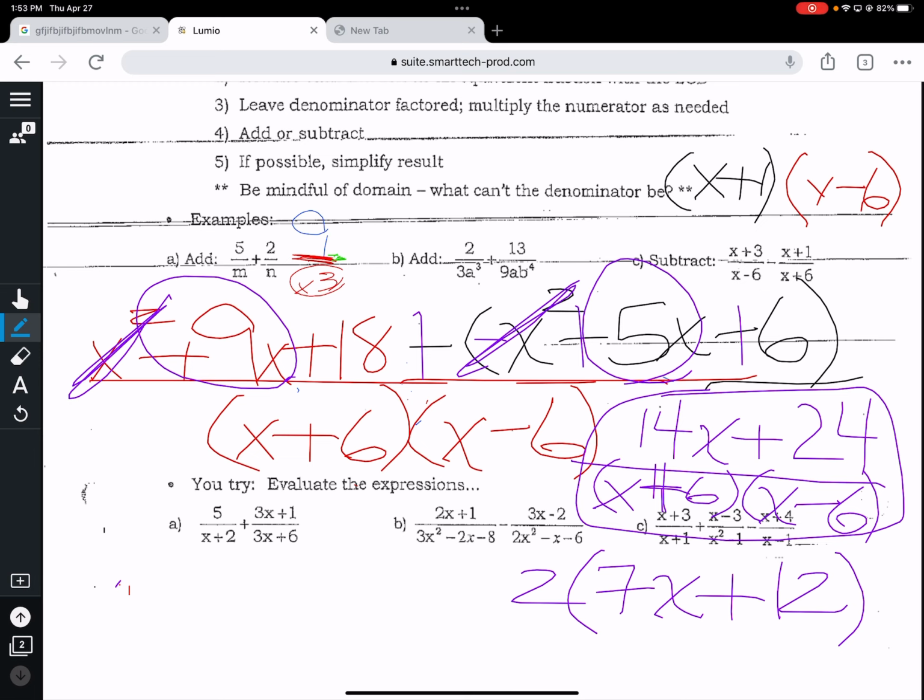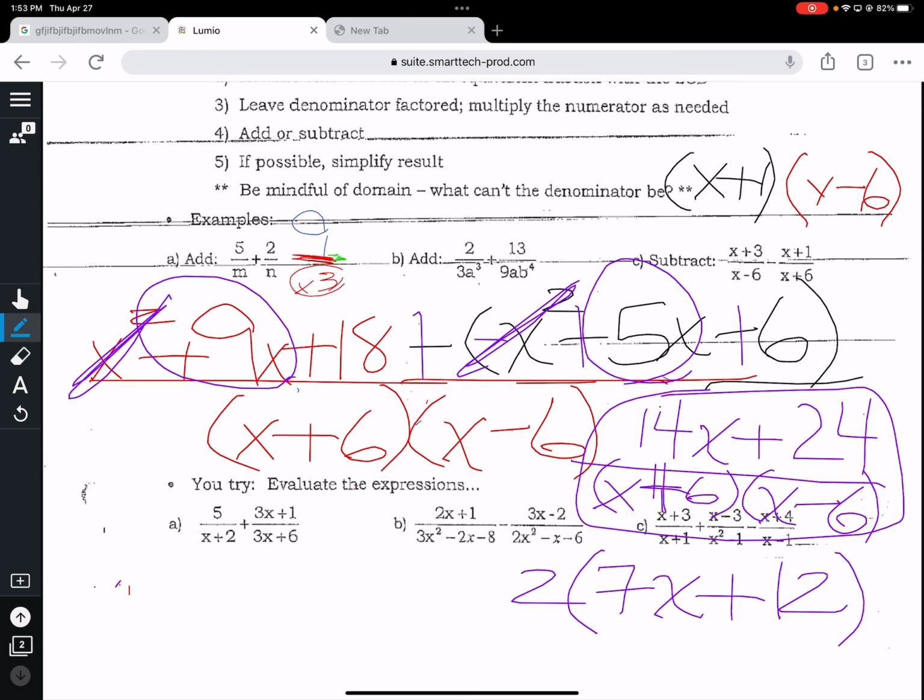Perfect. Because you multiply the numerator, you do that. But then I always do a quick glance to see if I could factor it. Would I be able to remove any part of the denominator by simplifying? In this case, you can't. I didn't get an x plus 6 or an x minus 6. So no need.